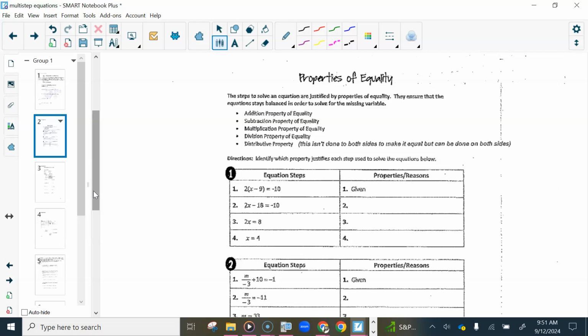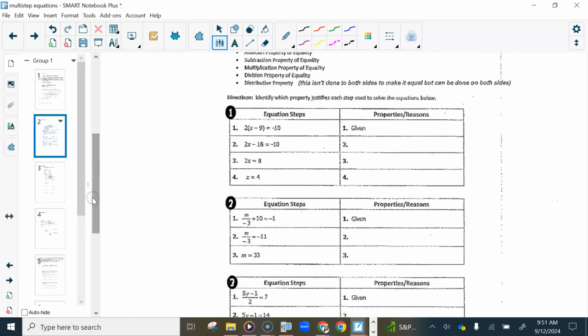Okay, so at the top are different properties of equality, meaning what we do to one side we have to do to the other, except for the distributive property, because we're just doing that to make the sides equal. So in this, we're looking at what happened between each step. The first one is always given, whatever the original equation is. And then we're looking at what changed.